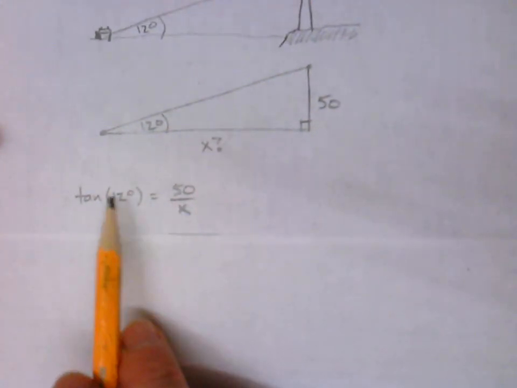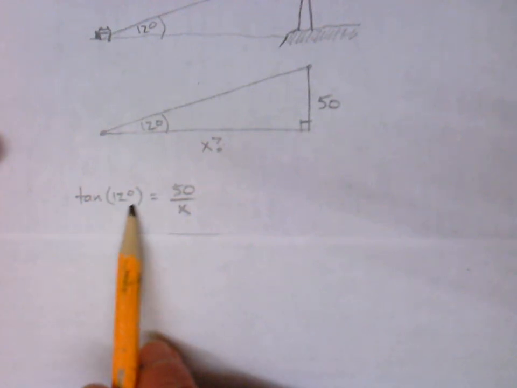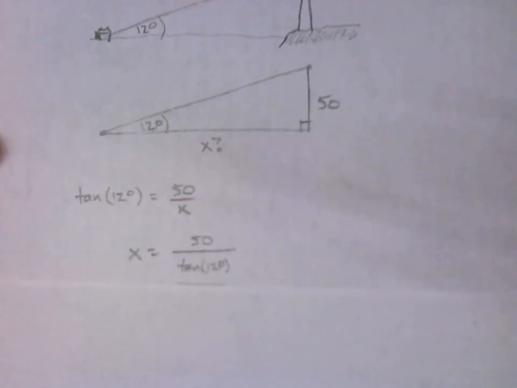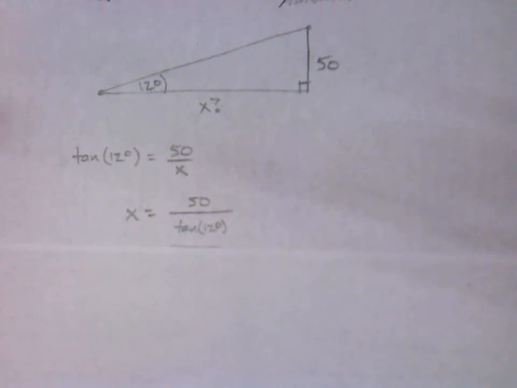I can multiply the x over. I can divide this entire thing underneath and say x equals 50 divided by the tangent of 12 degrees. And putting that into a calculator, 50 divided by the tangent of 12, make sure you're in degree mode. Going to be jumping back and forth between them.